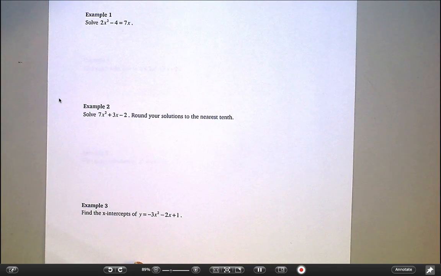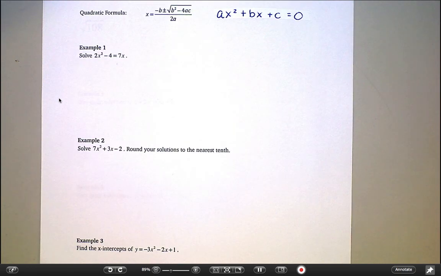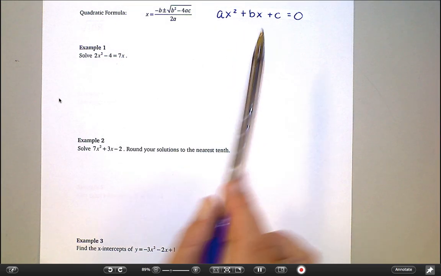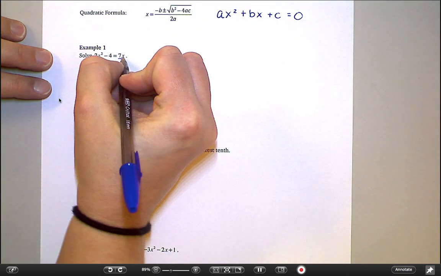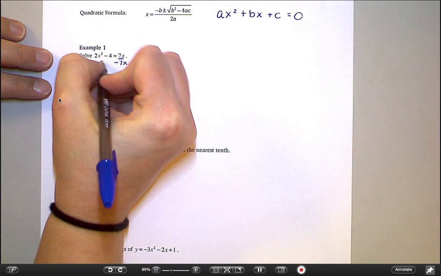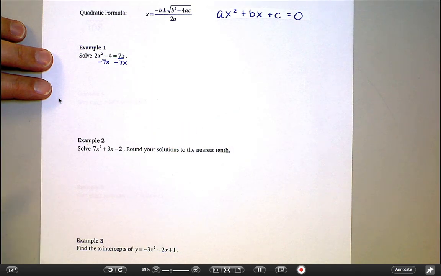I'm trying to solve, meaning I'm trying to figure out what x equals. I actually want to leave the formula on there. I can't start using this formula until I have the equation in this form. So I'm going to slide this 7x over to the other side by subtracting it. Now when I subtract it over here on the left, I'm not actually subtracting it from anything, okay?